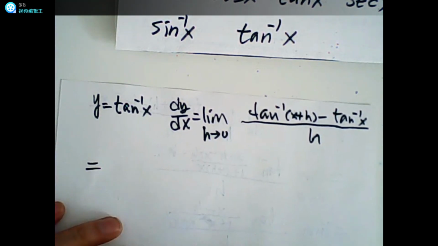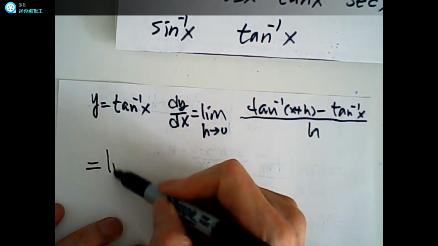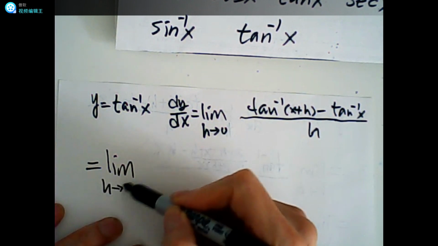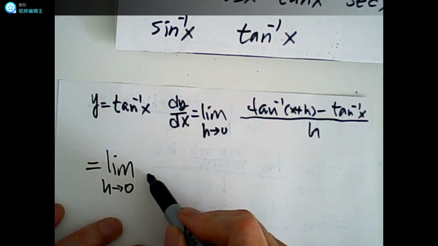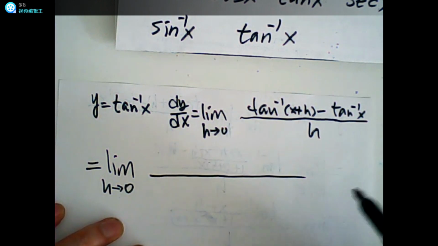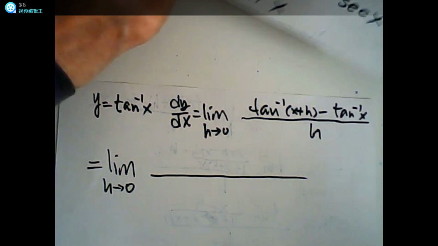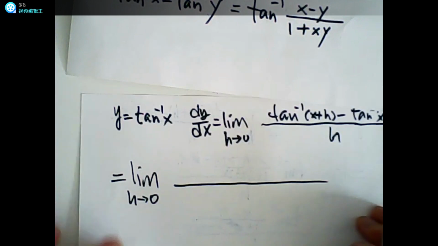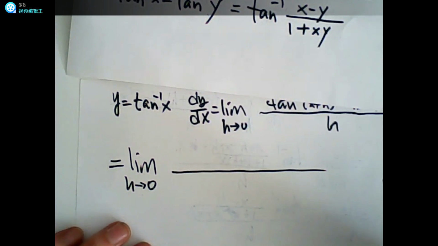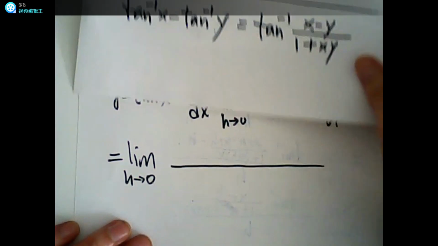This one is equal to the limit as h goes to 0, and we use the formula, right? We must have something to do something else. So this is the formula.